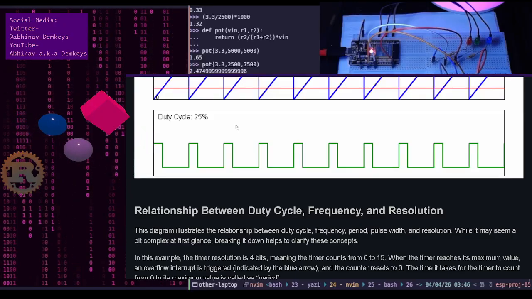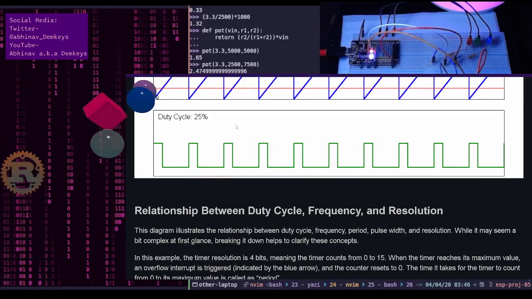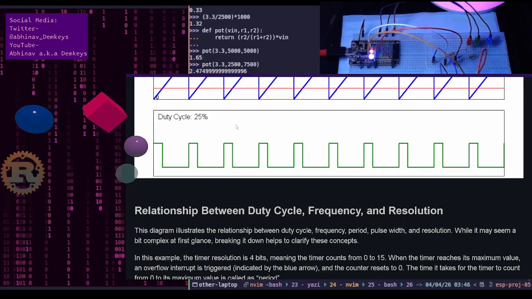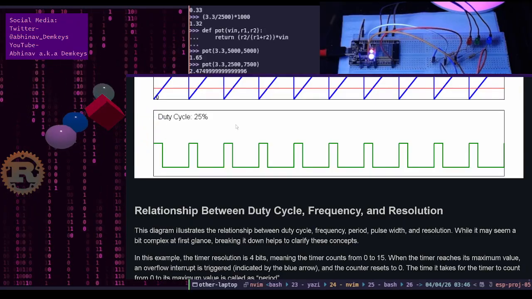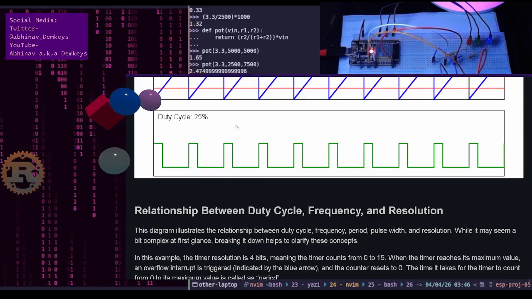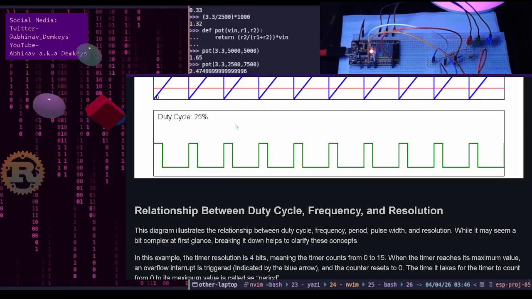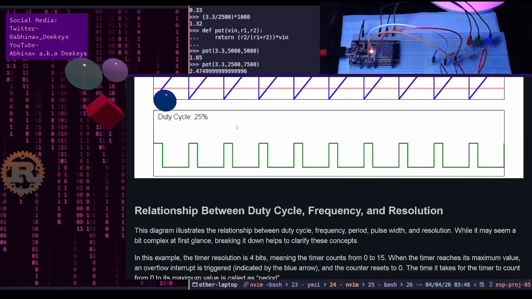Isn't frequency basically the number of on-off cycles or periods in a second?